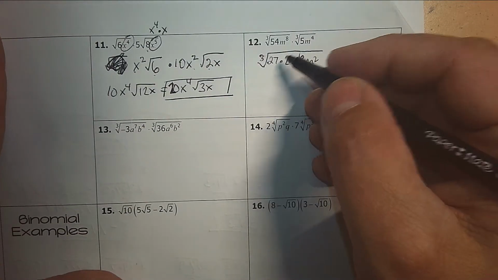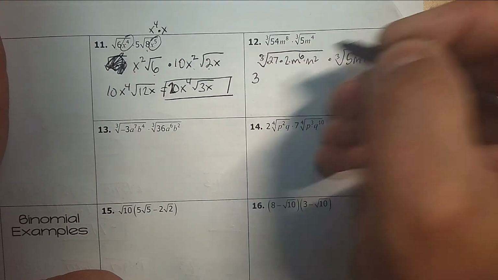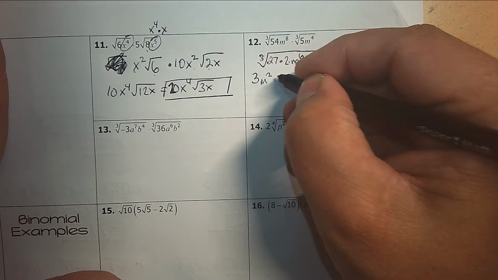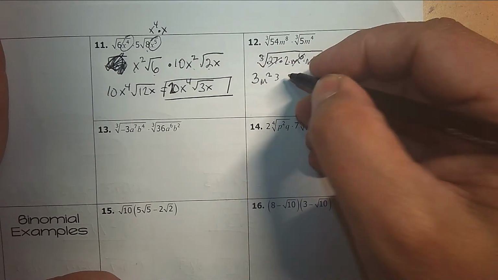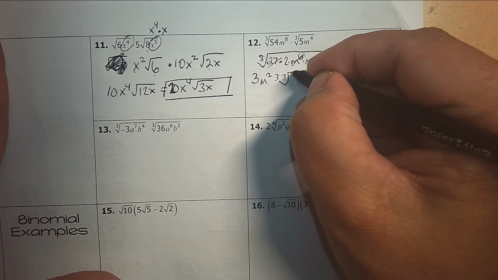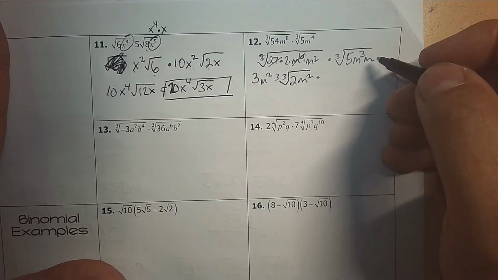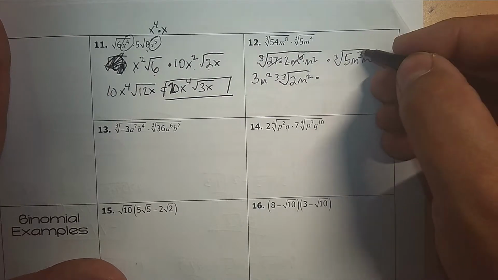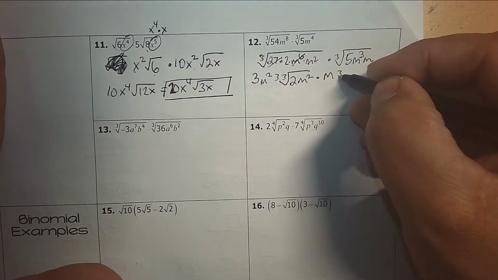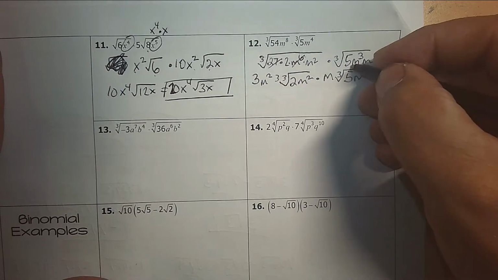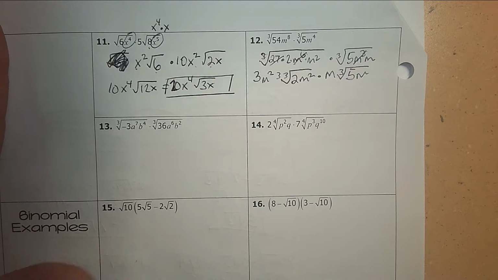So the cube root of 27 is 3. 6 divided by 3 is m squared. And then what's left under the cube root is 2 and m squared. 5 is prime. m cubed is just m. And then we have 5m left over. So what's in front multiplies.